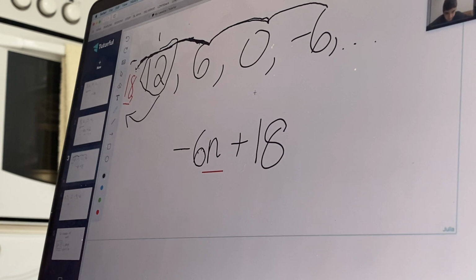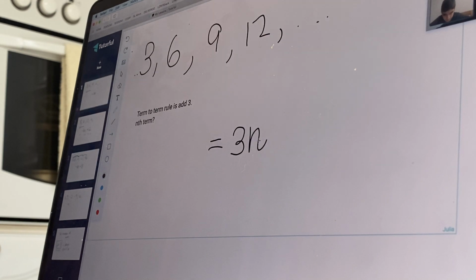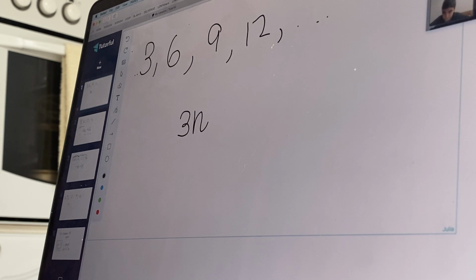So each one of these, let's get rid of the 18 for a second. Actually, let's go back to this example here. This is a slightly nicer example. Okay, so our nth term is equal to 3n.